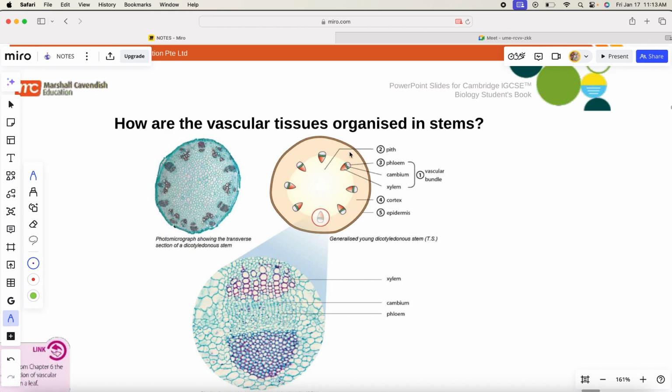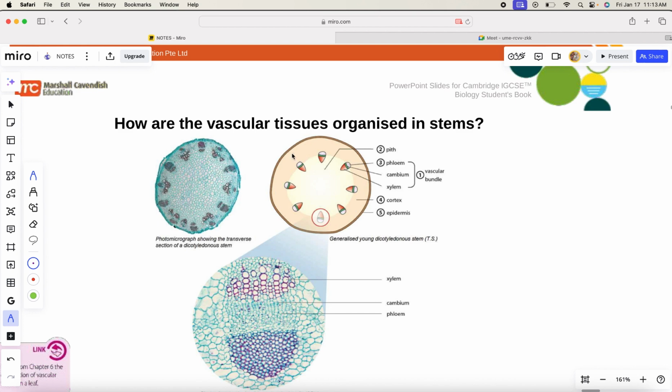Now let's take a look at the cross section of the vascular bundle. The vascular bundle primarily consists of the phloem and the xylem. This orange one is the xylem. This is the phloem, and in between them is the cambium. Now this external part, almost to the end, is called the cortex.